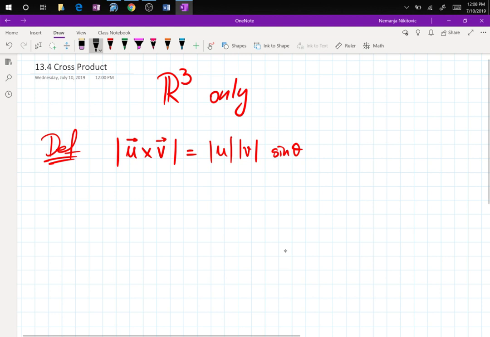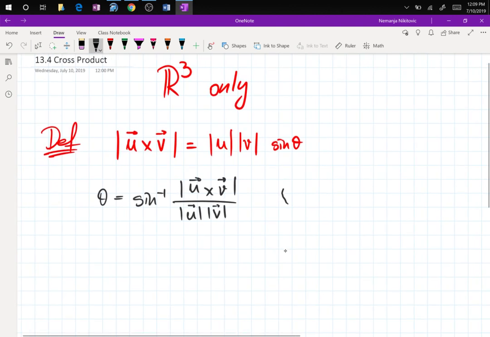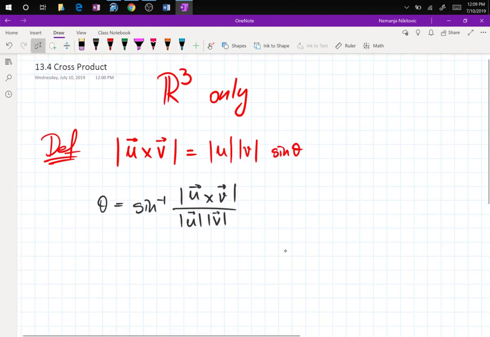You have the one with the dot product, which is a joke to compute. So I'm still going to write this as the inverse sine of the absolute value of U cross V divided by the magnitude of U times V, as the angle between vectors U and V. We do not want to use this, so in parentheses, use the dot product instead, because the dot product formula is much faster.